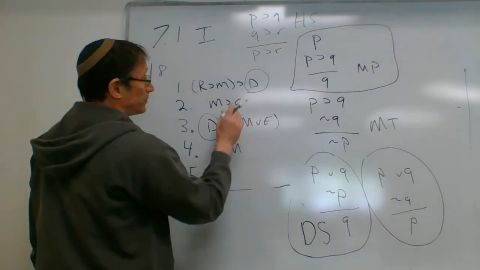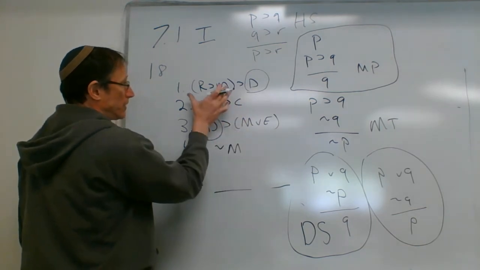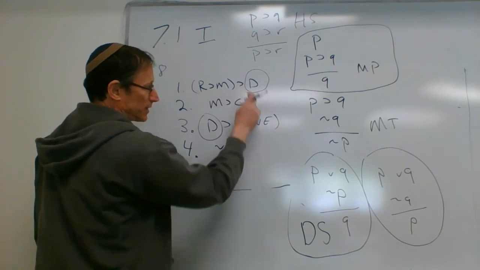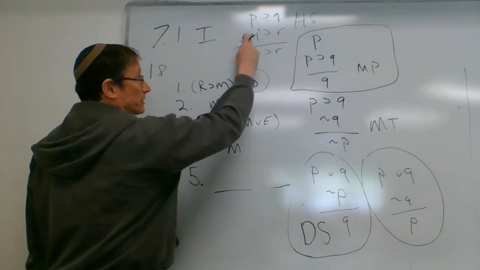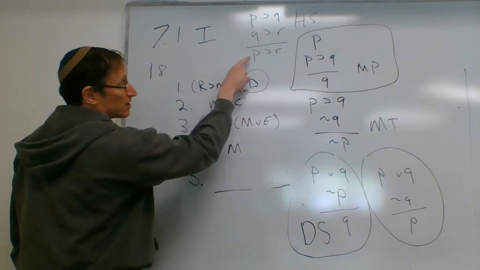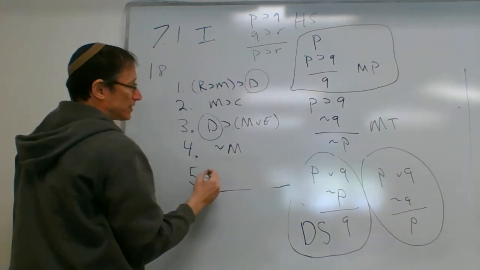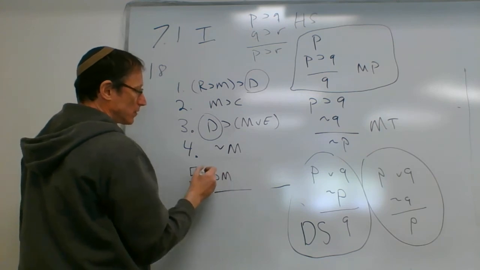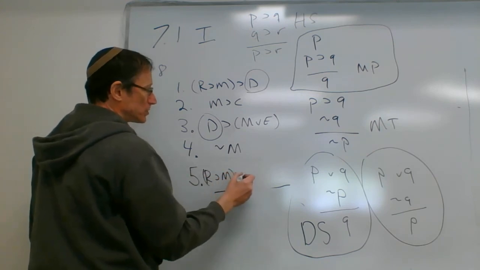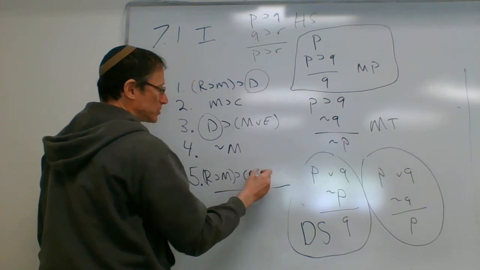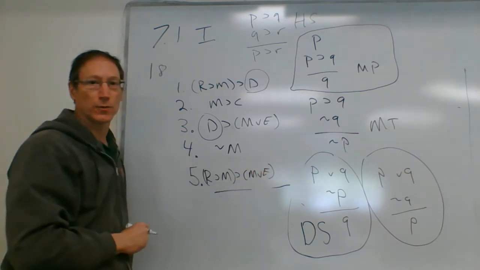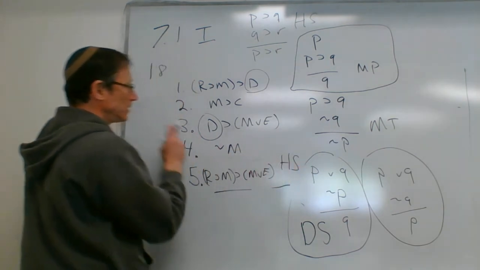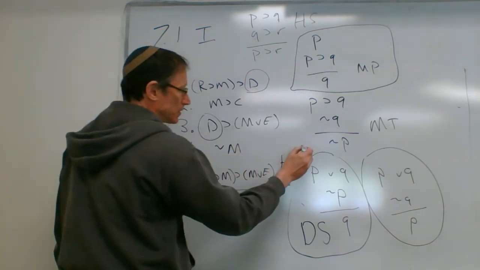So the correct thing to infer would be the first antecedent horseshoe, the consequent. Again, D is what I call the middle term, it's like the Q, so you would end up with P horseshoe R, and so I would say as follows, R horseshoe M, that's the whole P term, horseshoe M wedge E. That whole thing would be the answer, and I would say hypothetical syllogism using steps 1 and 3.